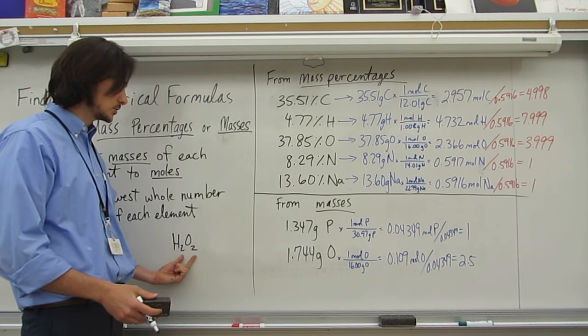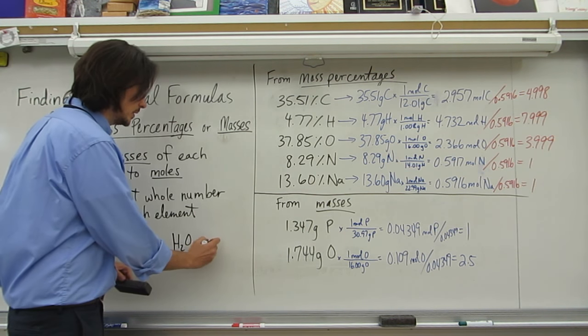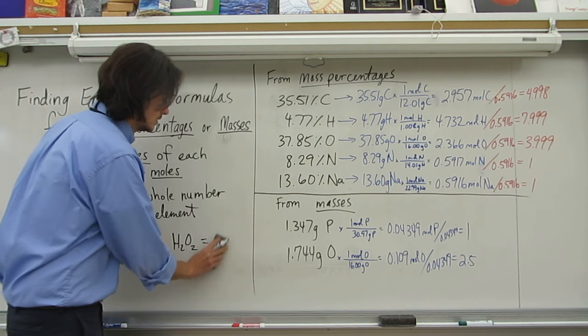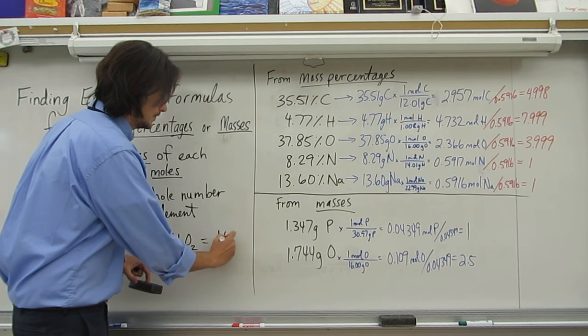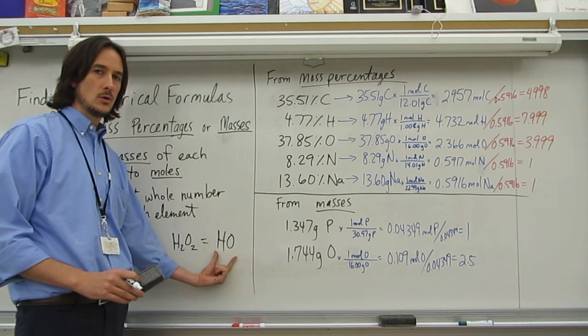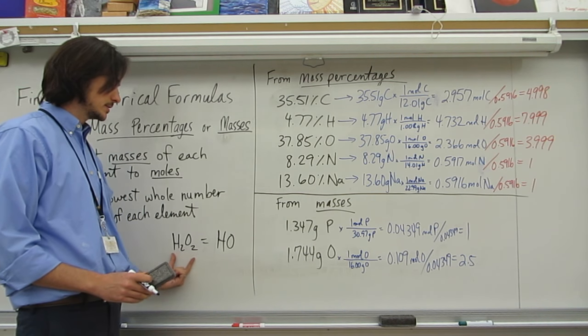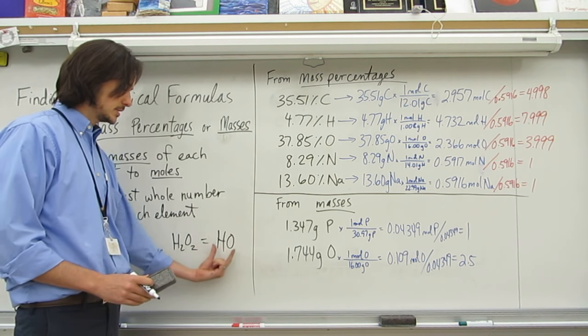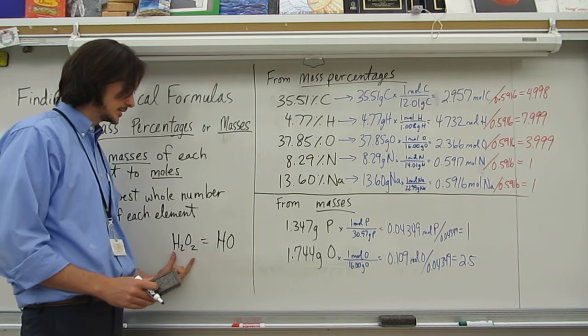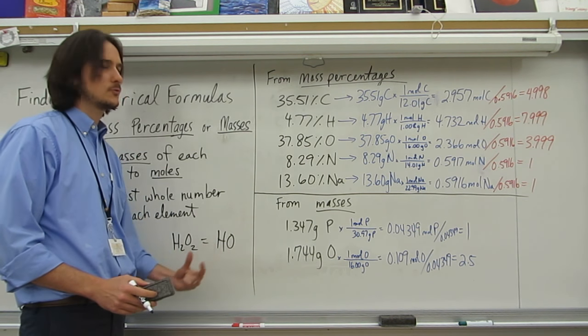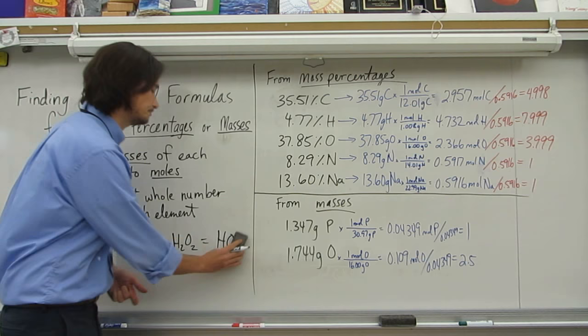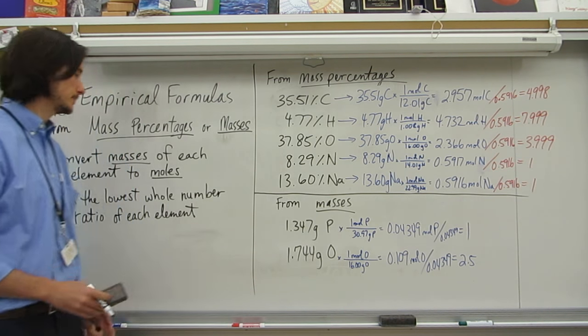So we see that's not the lowest whole number ratio. The empirical formula will be HO for hydrogen peroxide. So this is a molecular formula, and this is an empirical formula, and we'll talk about these in a different video. But empirical formula is just the lowest whole number ratio of one atom to another.